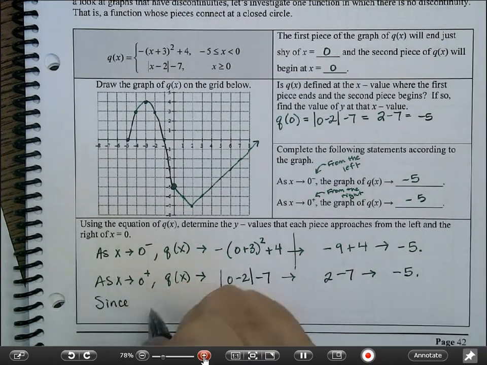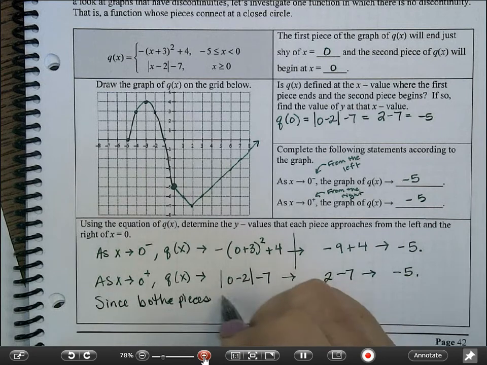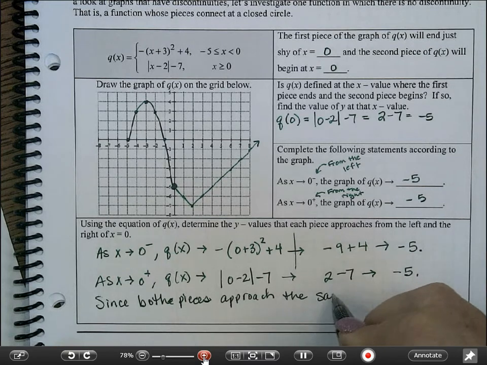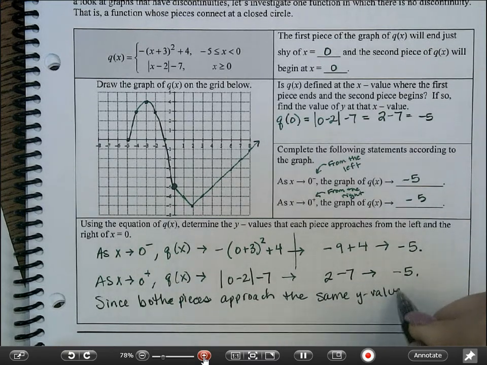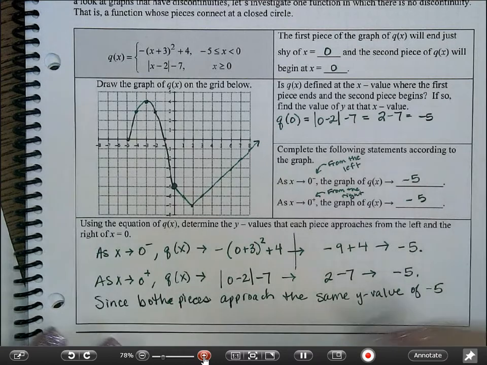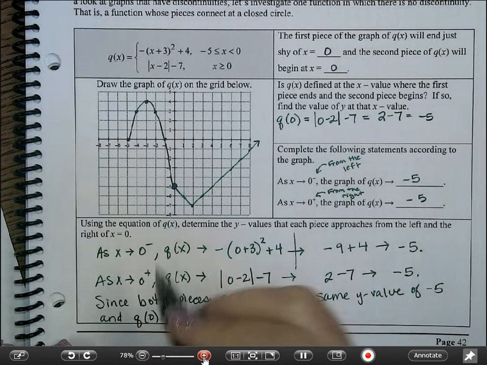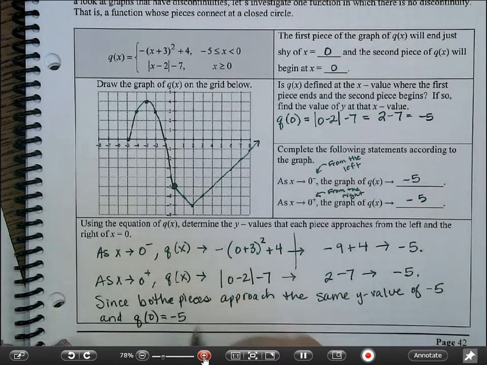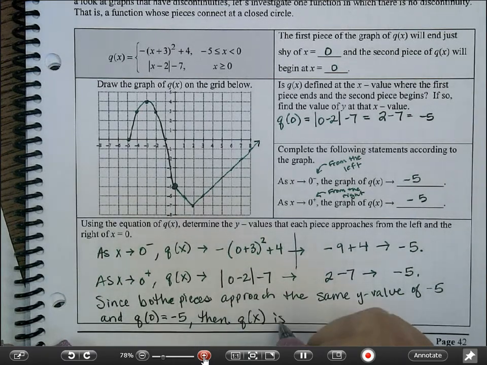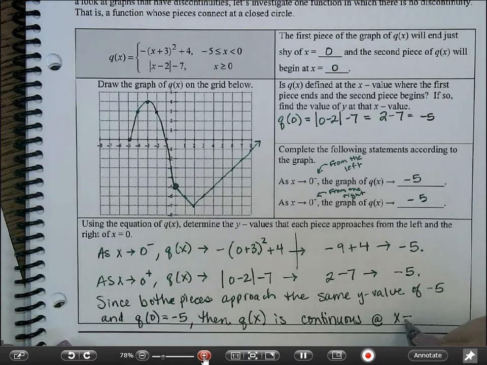Since both pieces approach the same y value, okay, they both approach the same y value of negative 5, and q of 0, when I actually plug in 0, I get a distinct y value of negative 5, then q of x is continuous at x equals 0.